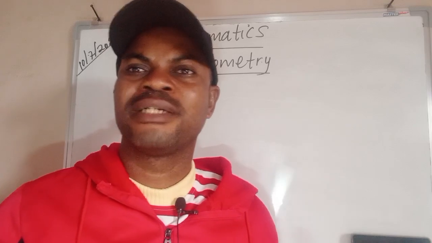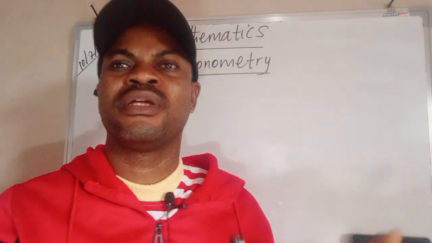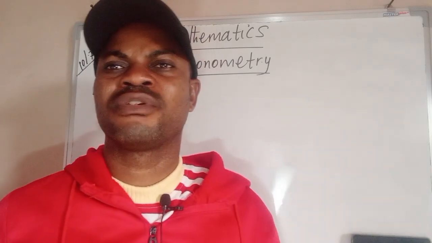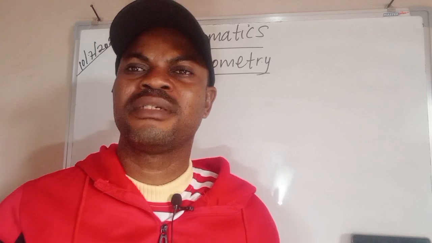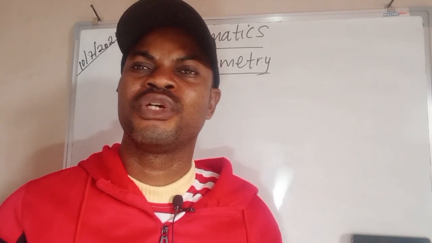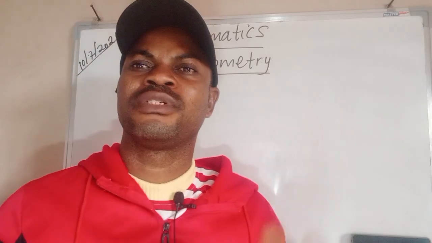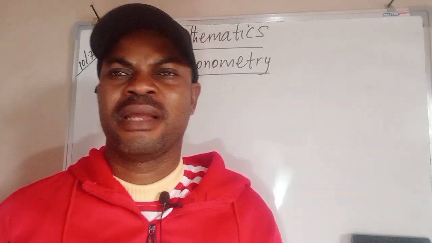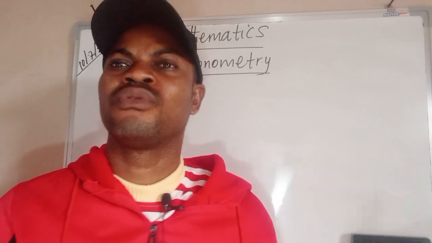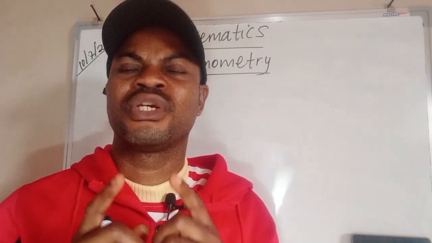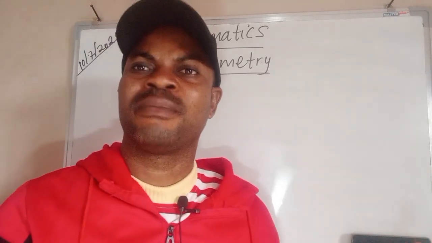tangent, the cotangent, the cosecant, as well as the secant, in showing the relationship between the various sides of a triangle. For instance, sine theta is a trigonometrical function which is used to show the relationship between the opposite and the hypotenuse. And then the cosine theta is a trigonometrical function used to show the relationship between the adjacent as well as the hypotenuse.